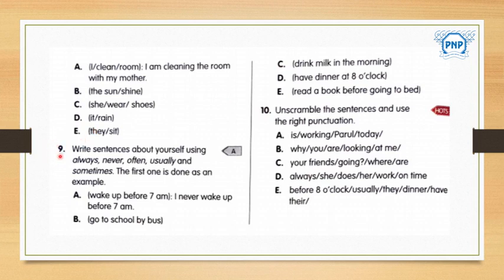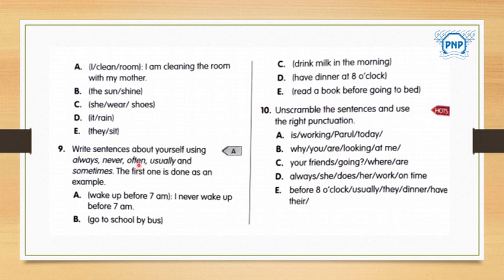Next one, ninth one. Write sentences about yourself using always, never, often, usually, and sometimes. The first one is done as an example. Wake up before 7 a.m. I never wake up before 7 a.m. So you have to write sentences about yourself, by using always, never, often, usually, and sometimes.